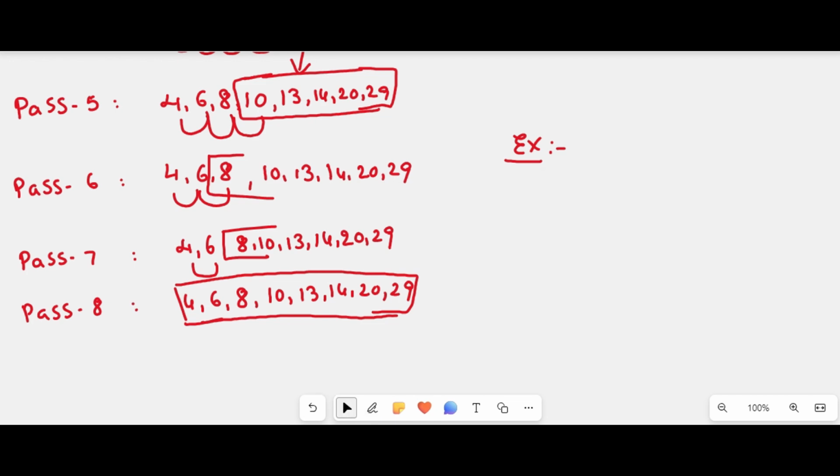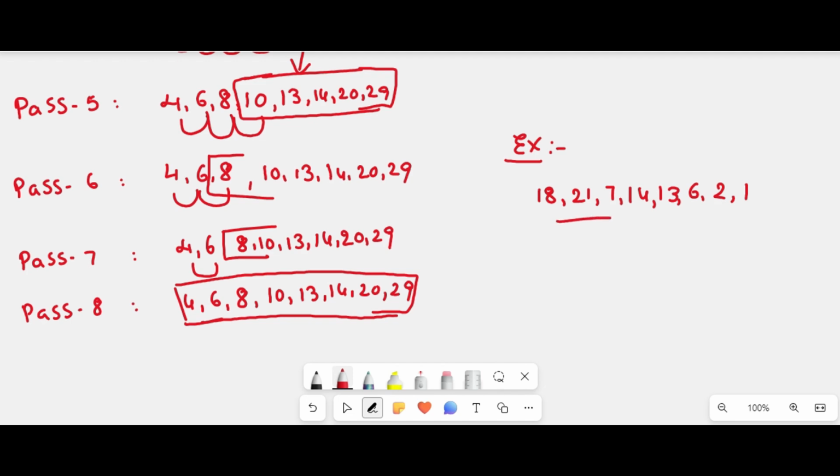So now the elements are 18, 21, 7, 14, 13, 6, 2, 1. Consider this array and sort by using the bubble sort technique. Hope you understand this bubble sort technique.